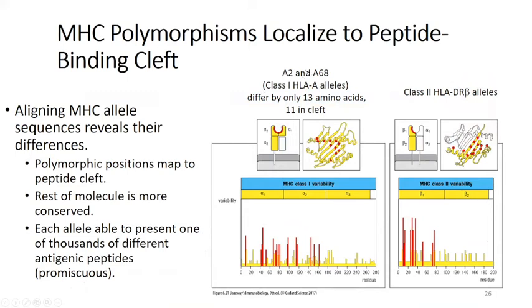We take 2 class 1 MHC alleles, A2 and A68, and we line the sequences up. Differences appear on the two-dimensional structure. Those differences are the polymorphisms in and around the peptide-binding groove. The rest of the molecule is very conserved because it has to interact with the T cell receptor and CD8.